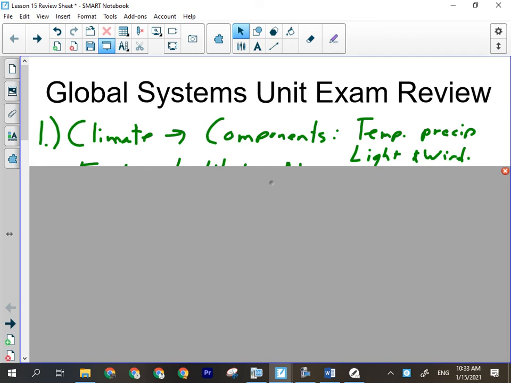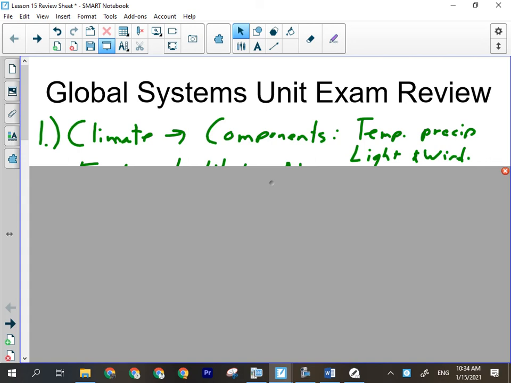Now, the components of climate are actually in several questions, but the main way that this is going to be tested is, there's a question in the written response that is a map of Canada with one city identified on it, so an arrow pointing at that city, and the city is mentioned in the question.